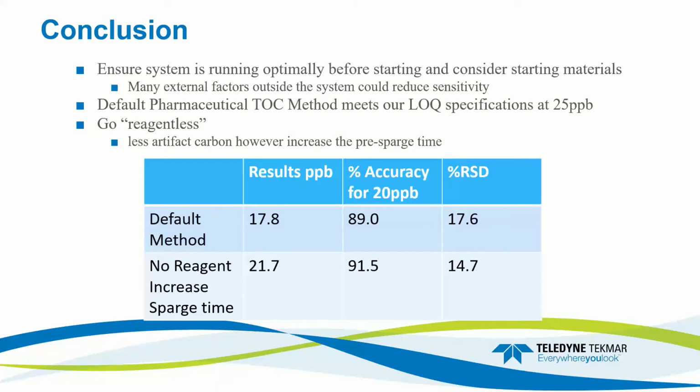If we want to do more analytical testing, more limit curves, we can continue to go reagentless and work ourselves up to the point of how much reagent we want to use, so it's not impacting our analytical results.